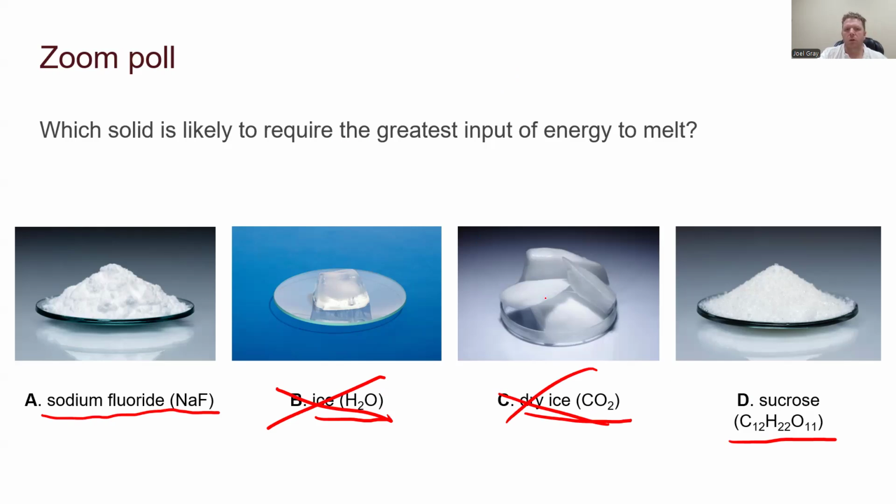Now we're between sucrose and sodium fluoride. Sucrose, a sugar, and sodium fluoride, an ionic compound. If you got table sugar from a bag at the grocery store, and you put it directly into a frying pan and heated it up, it's going to caramelize.